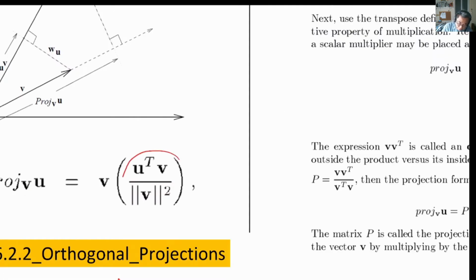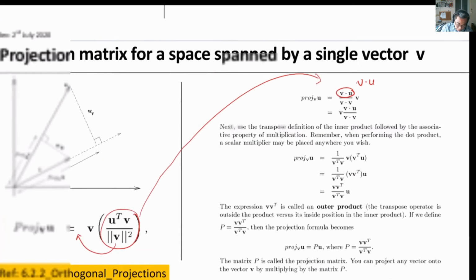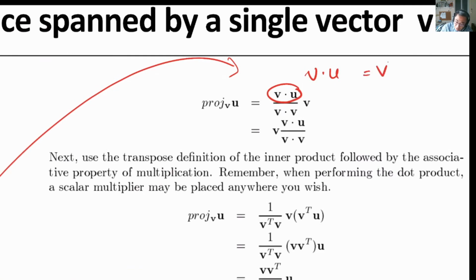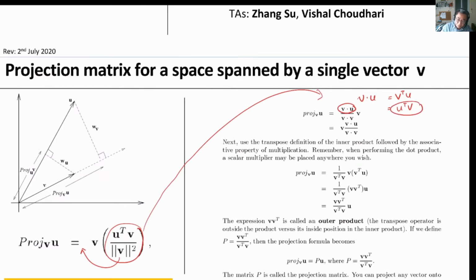Now, if this is a scalar, we can move the scalar to the left hand side, and this is what we'll do in this equation over here. The numerator V dot U is the dot product between V and U. It can also be written as V transpose U or U transpose V. In our example here, we have written it in this form.